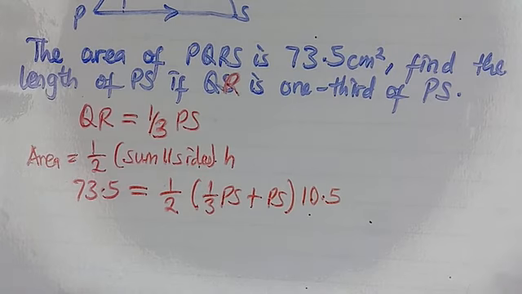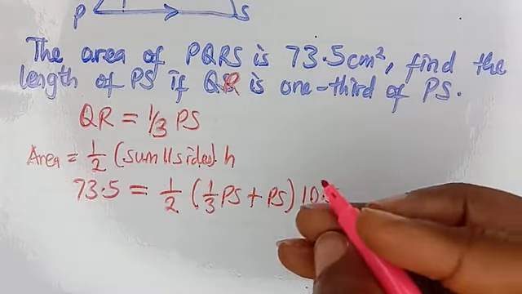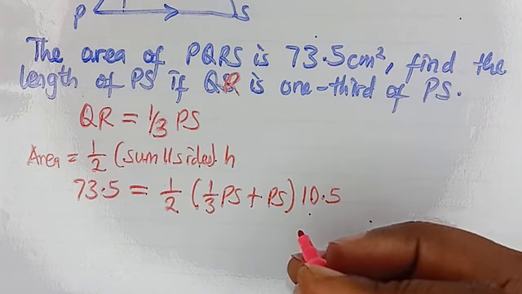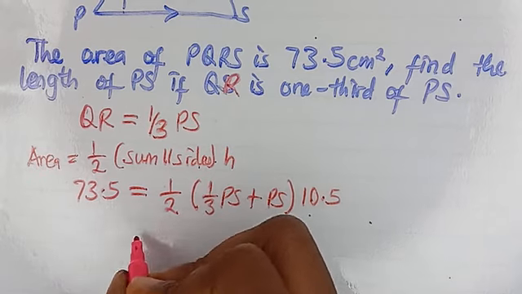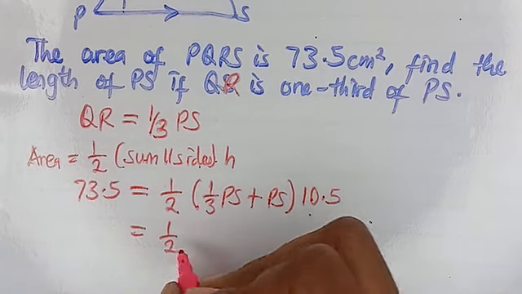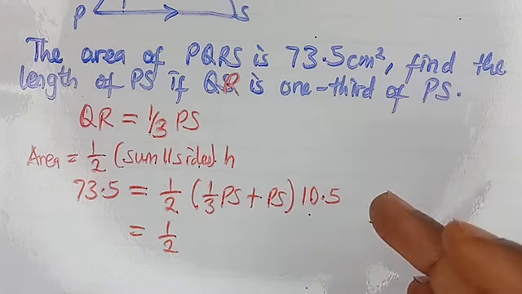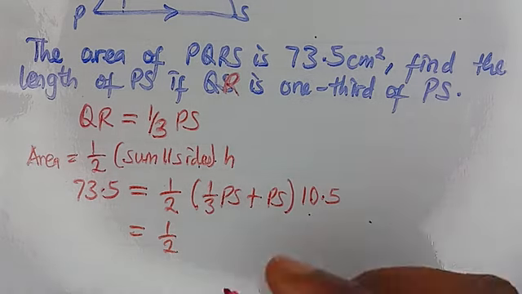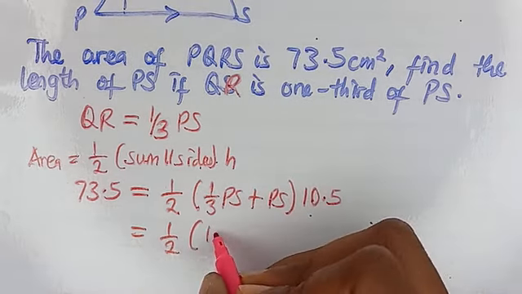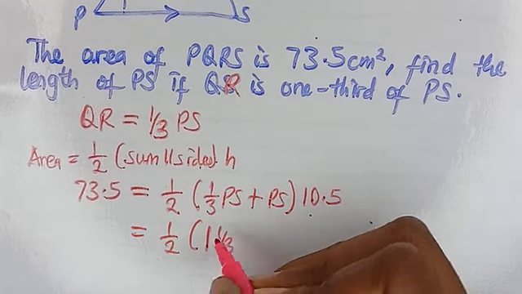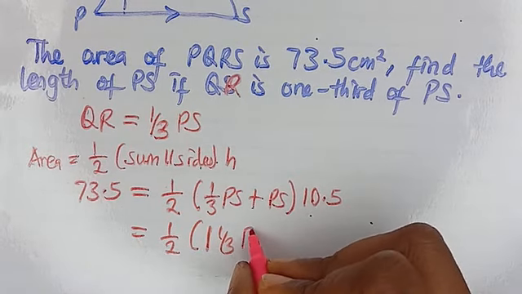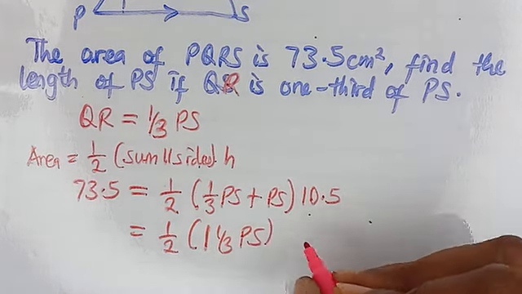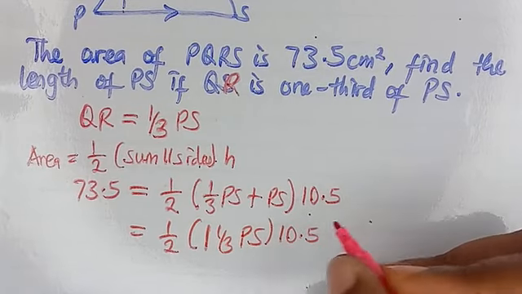Okay, we're going to open up brackets. So equal to half, one third, that is 1 over 3, 1 whole number plus one third, that is 1 over 3, PS times 10.5.